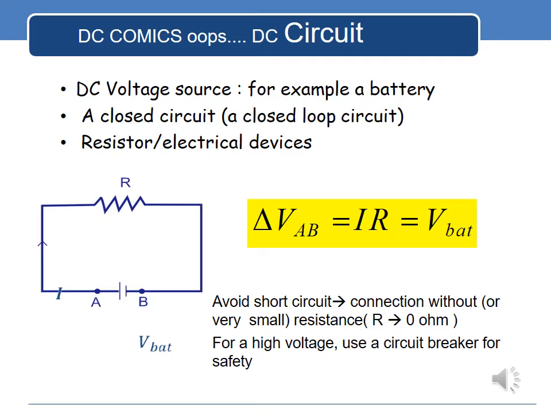You must avoid a short circuit, meaning a connection without a resistor or with very small resistance. And for high voltage, you also need to use a circuit breaker for safety.